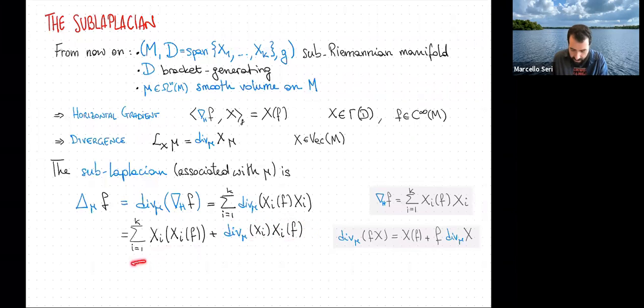So this is really the sum of X_i squared plus X_0. So we have suffered a lot of pain, but we can make sense of a sub-Laplacian. It's just that we need to define it for a generic smooth volume on the manifold, and we have to choose this volume at this stage.